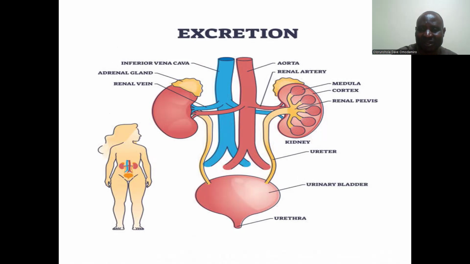We'll be using that knowledge to explain this concept of pharmacokinetics. The basic unit of the kidney is the nephron, and we have thousands of nephrons that make up the kidney.